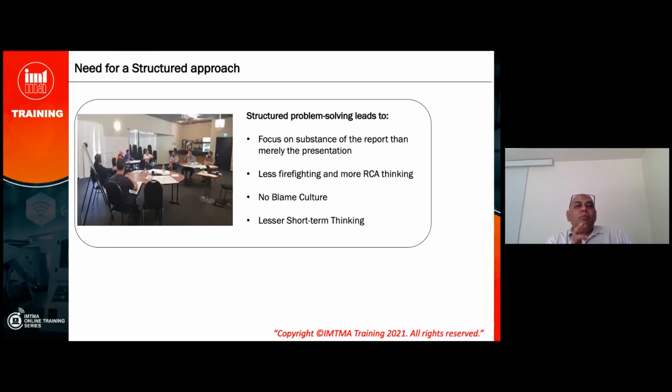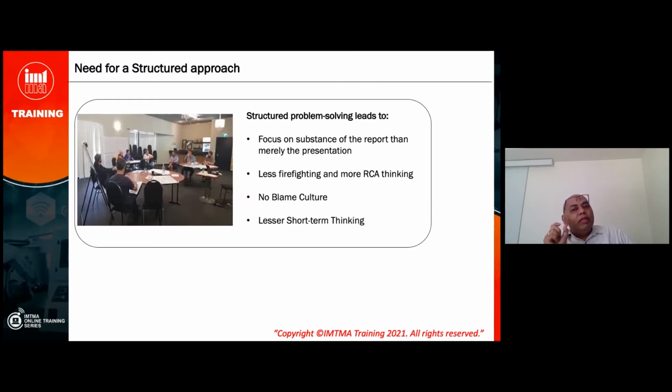A structured problem solving approach is a step-by-step approach, in a sequence, using the right tools and logic. So it's not just presentation that's important, it also helps you focus on the substance.